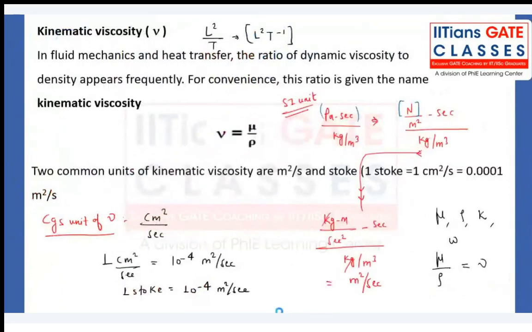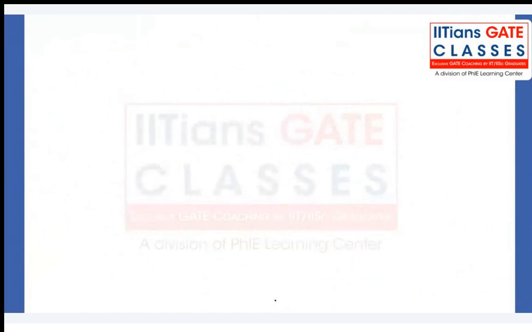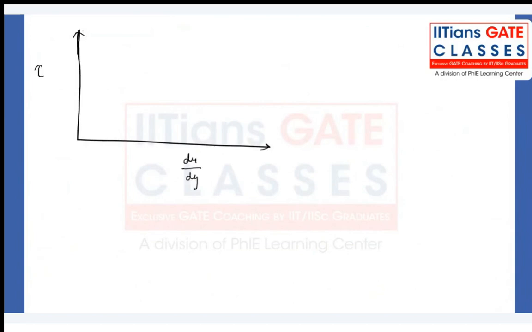Now, try to make a note of this. I'm talking about time-dependent non-Newtonian fluids, tau versus du/dy. What you will observe is that this is nothing but a thixotropic fluid.